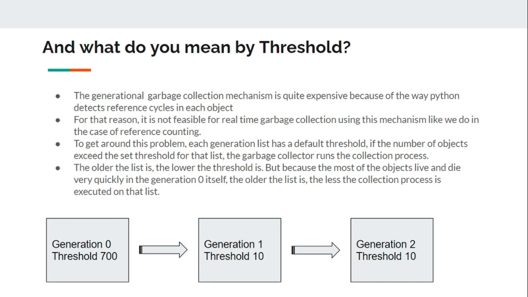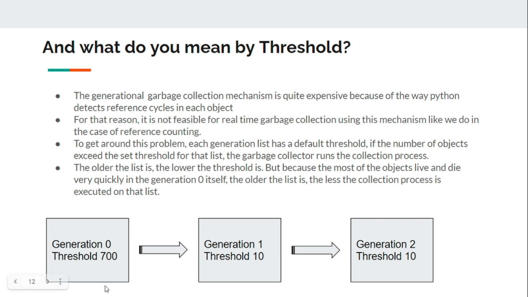So when you run a garbage collection round on generation 2, the oldest list, it will run on generation 0, generation 1 and generation 2. So all three lists are going to get processed. That is why, when you are running a full collection round, you are running the garbage collection method on 3 different lists.